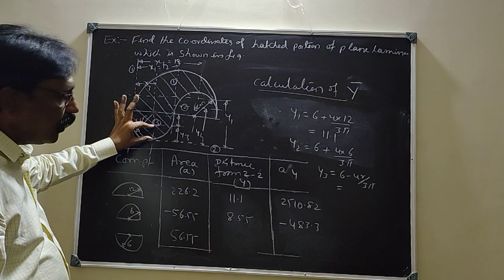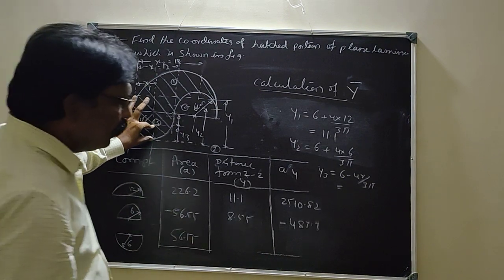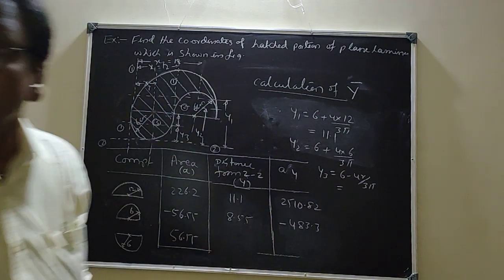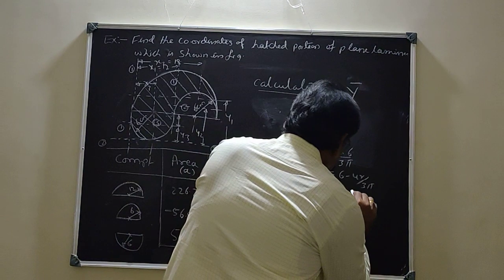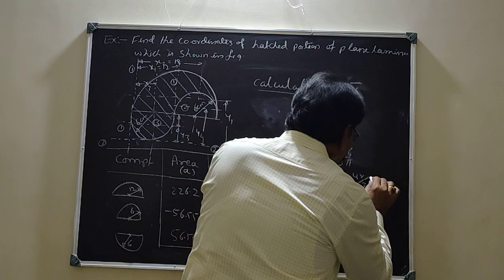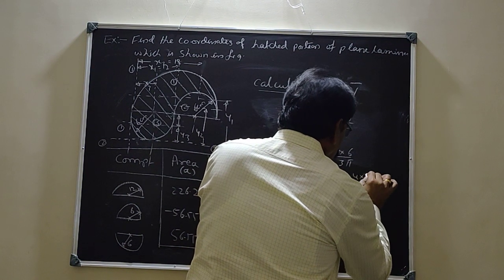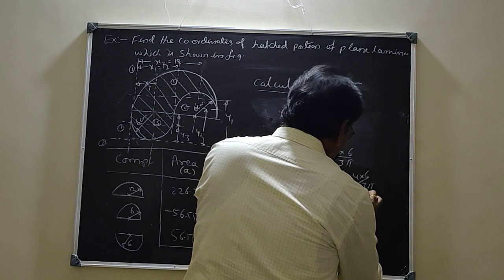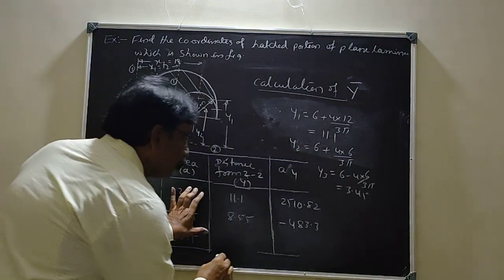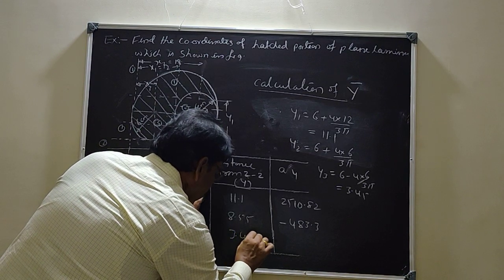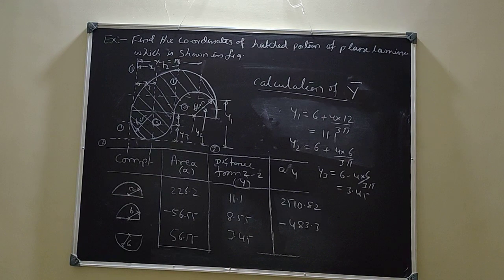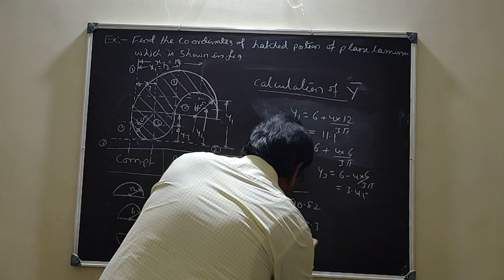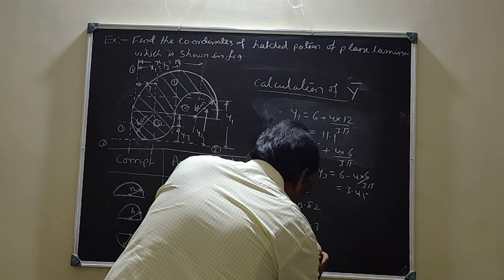So therefore 6 minus 4r by 3 pi, that works out to be 3.45. That means if you substitute r is equal to 6 and simplify, you get 3.45. Now the product of the area and this distance is equal to 195.1.